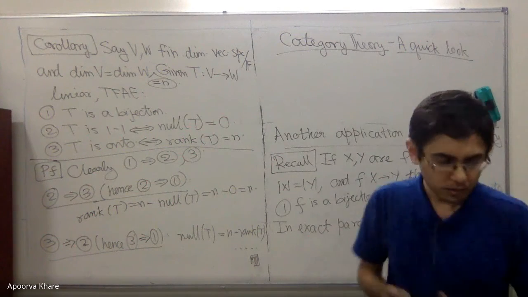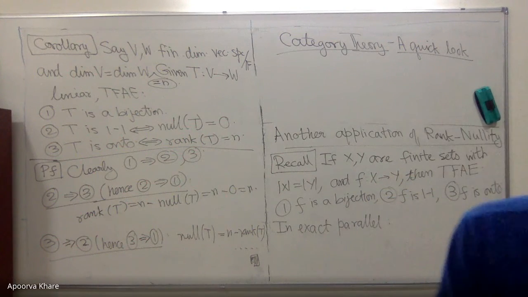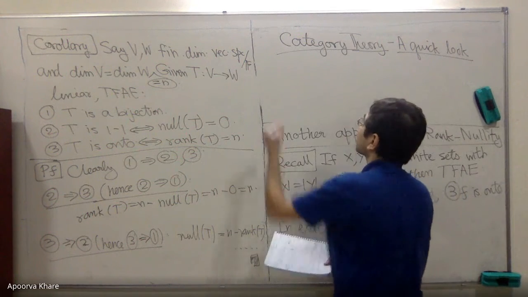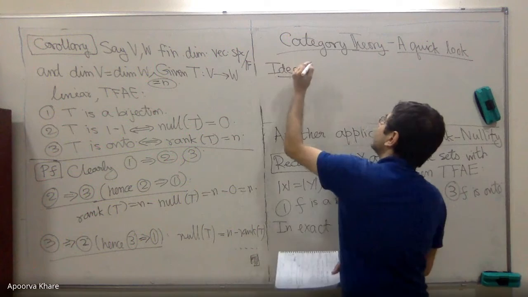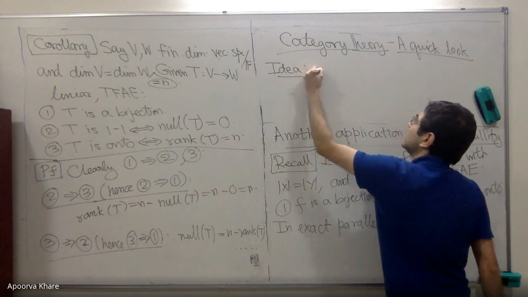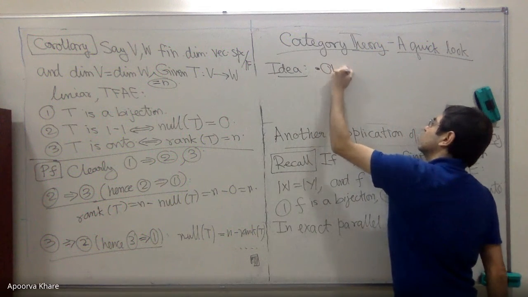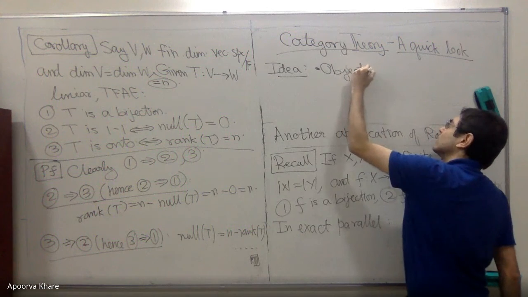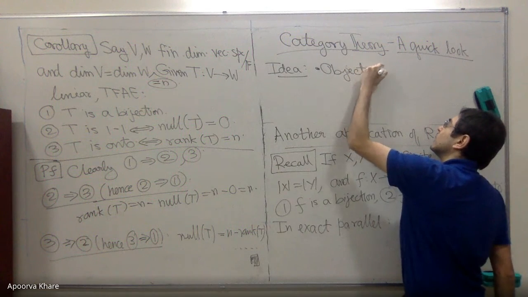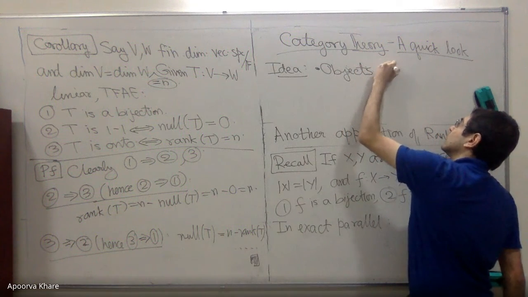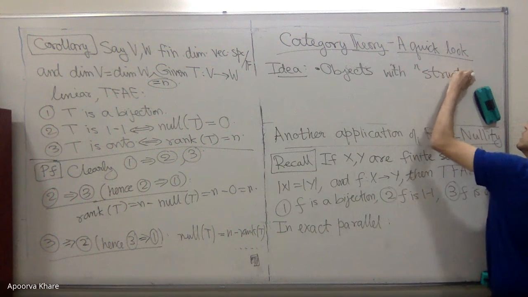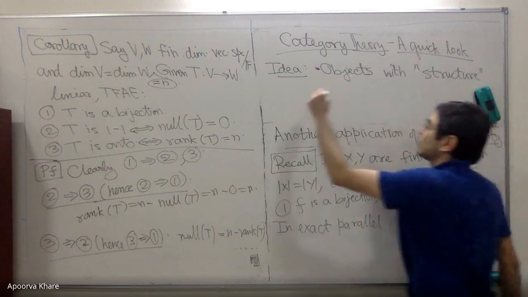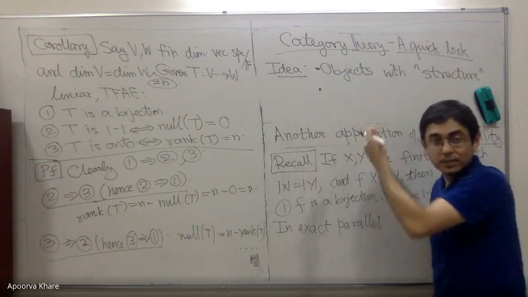Okay, so that's a definition. The idea is basically there are two kinds of entities. One is objects, or things, objects with some structure. I don't know if the Algebra 1 students who are taking this class have seen categories or not.